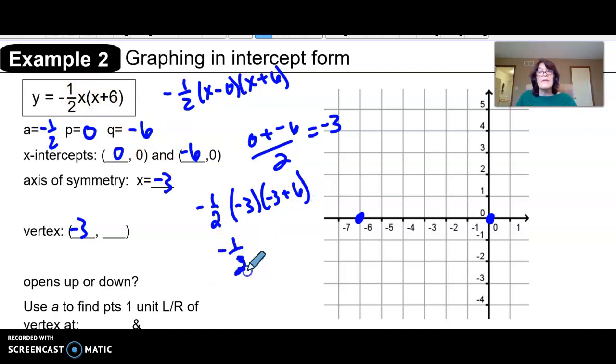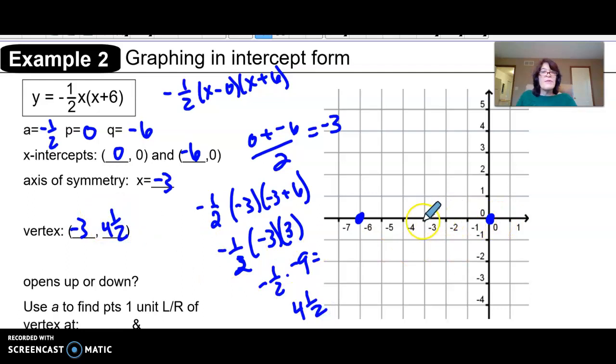So I have -1/2 times -3 plus 6, which is +3, right? -3 times 3 is -9. -1/2 times -9 is +4.5. So I'm at -3, up 1, 2, 3, 4.5. Okay, does that look right?